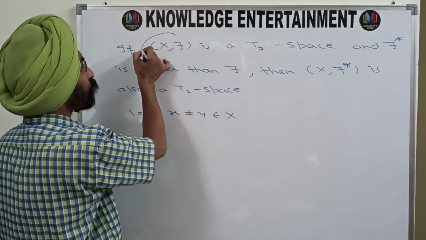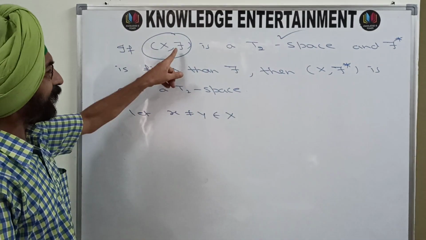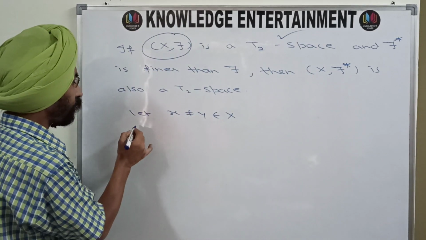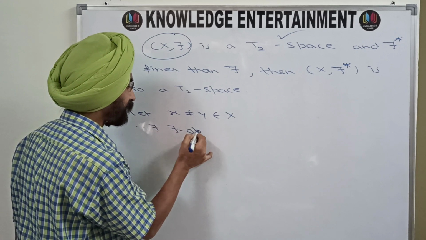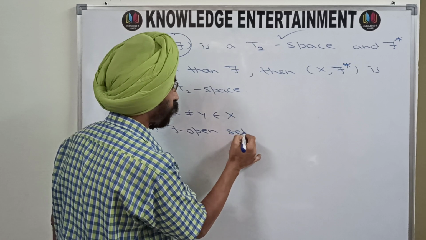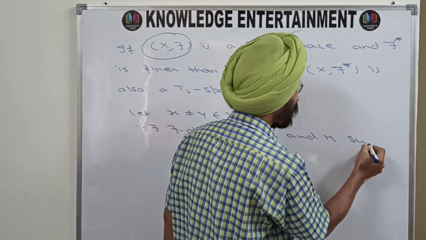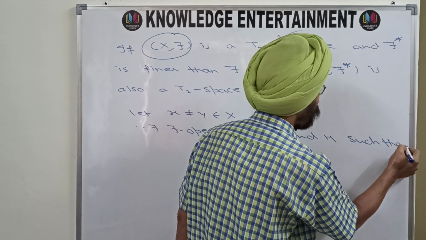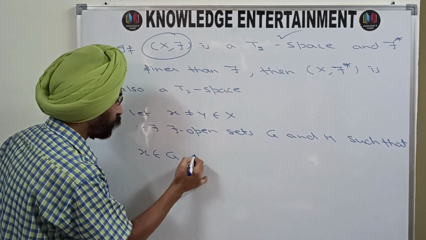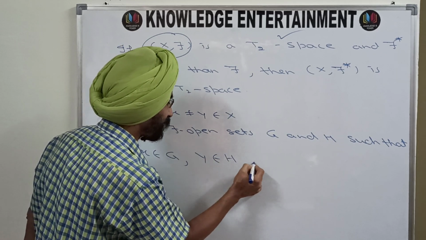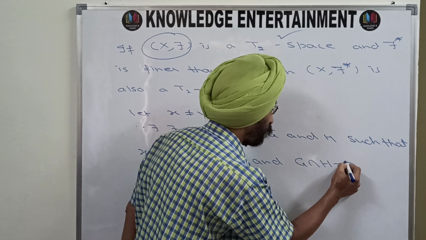But this (X, tau) is a T2 space. So you will definitely have two tau open sets. Therefore there exist tau open sets G and H such that x belongs to G, y belongs to H, and the intersection of G and H is empty.